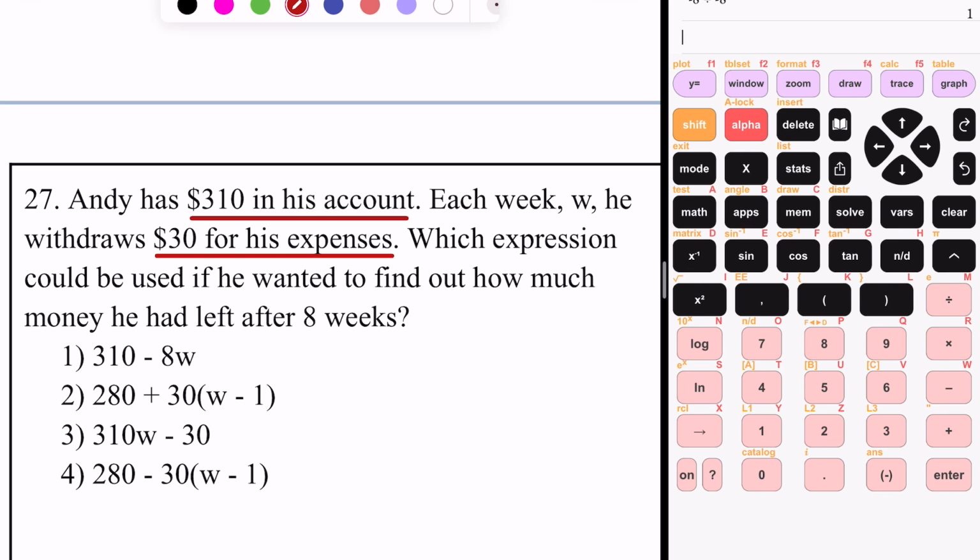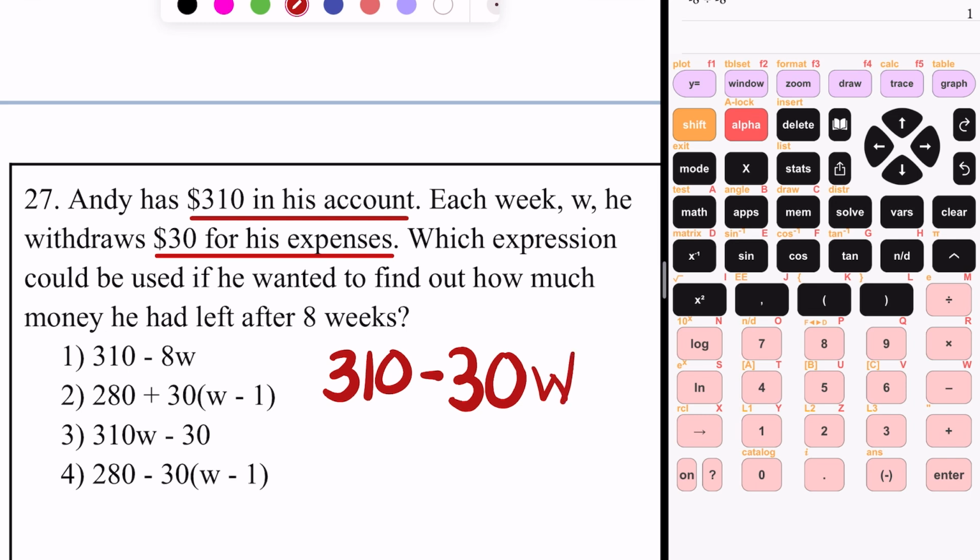Okay, which expression can be used if he wanted to find out how much money he had left after 8 weeks? Okay, so we started out with $310, and he's taking away $30 every week. So we're subtracting 30, and he's taking it away every week.